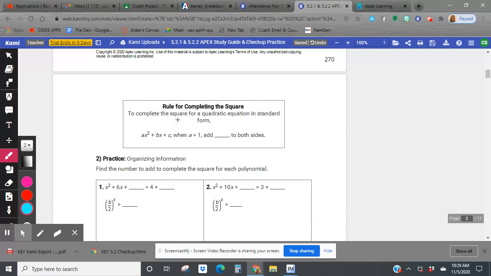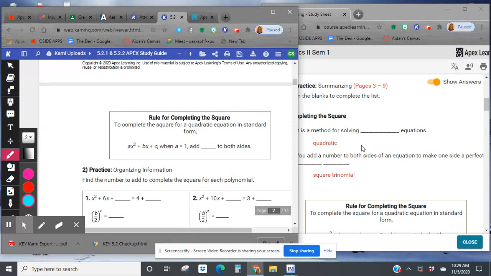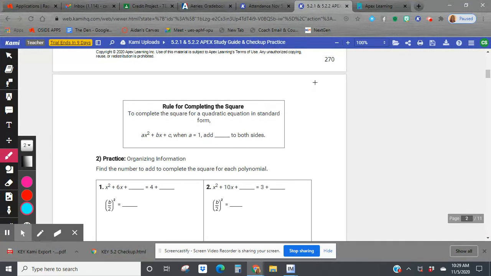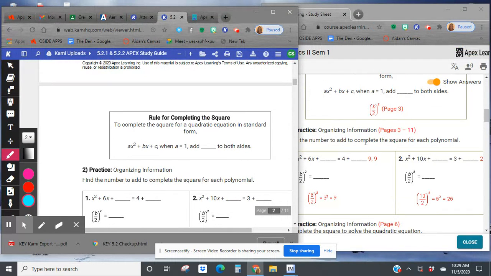All right, to complete the square for a quadratic in standard form, ax squared plus bx plus c, when your a equals 1, invisible 1 in front, you're going to add c to both sides. Now, how do I get that c value? I have to do some b work to get the c.